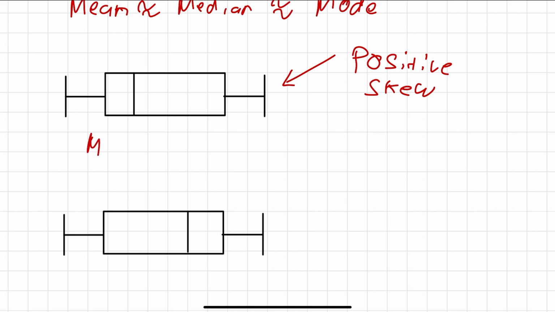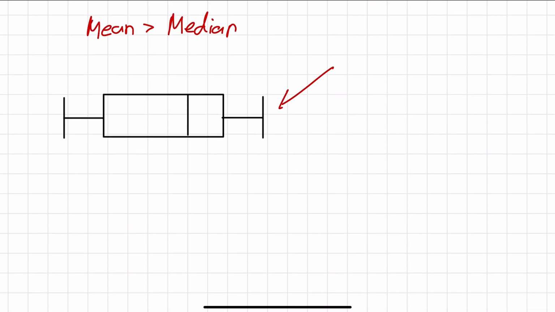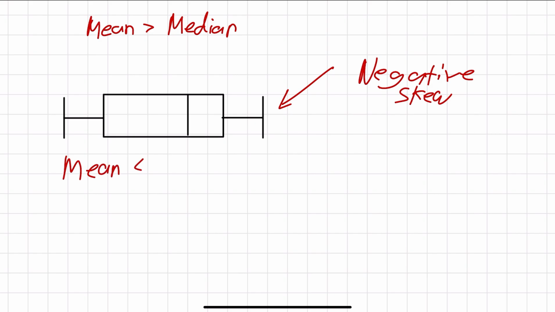Positive skew is when your mean is greater than your median, which will make sense when you see the formula to calculate skew. Here, negative skew, and that is when your mean falls below your median.